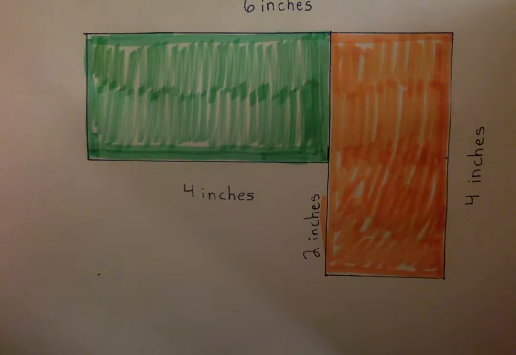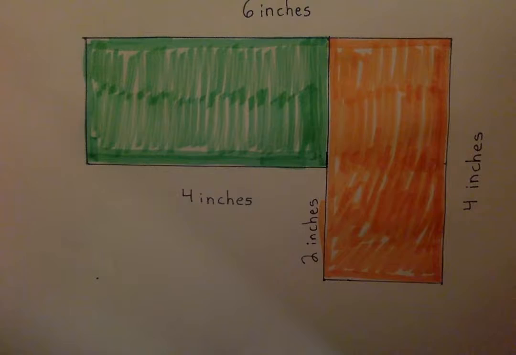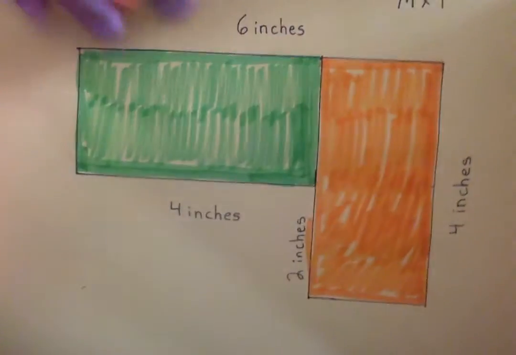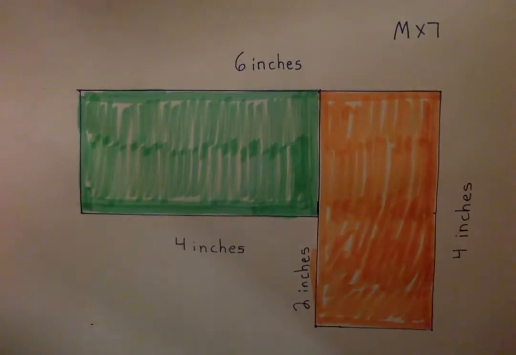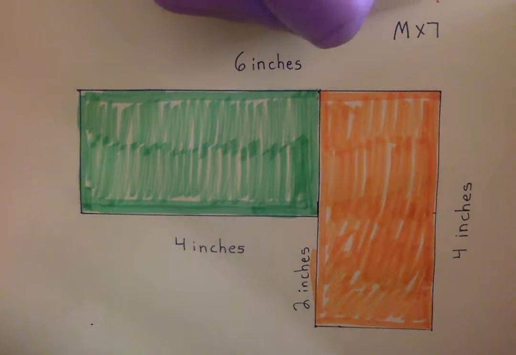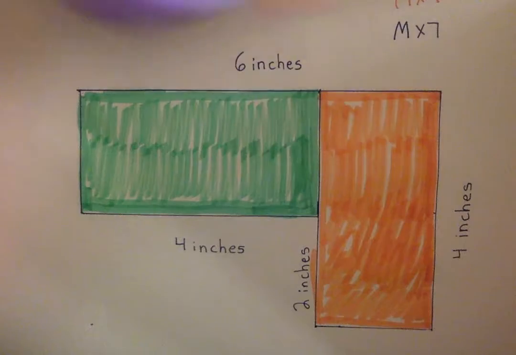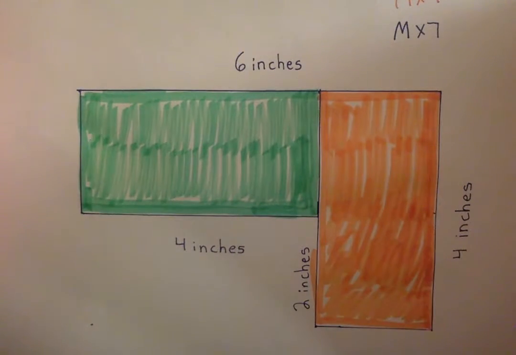To give you an idea of how I'm going to do that, I'm going to do the length times width of the orange. I'm also going to do the length times width of the green.